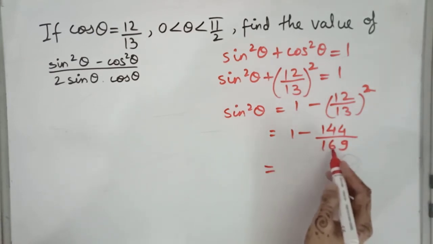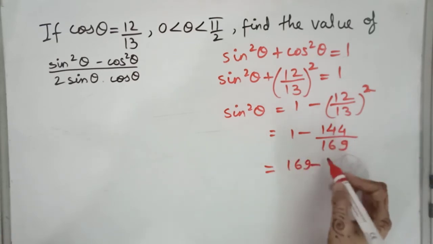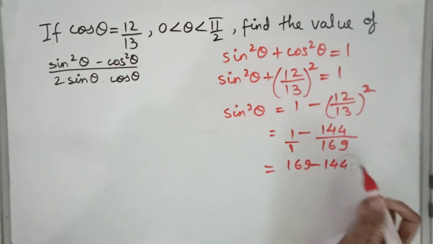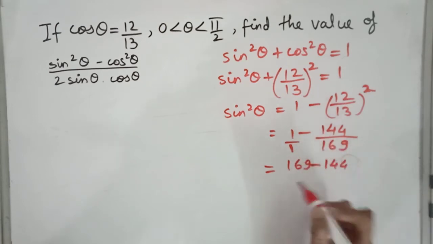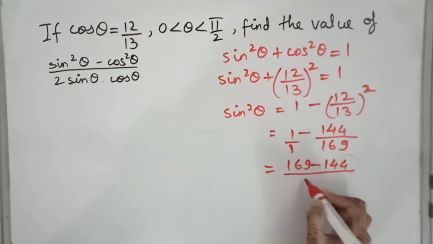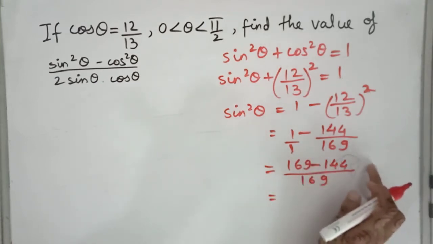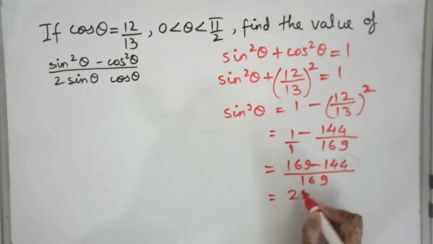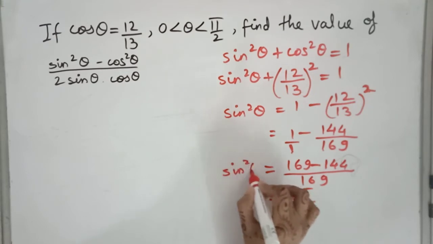We will cross multiply it. 169 into 1, 169 minus 144, nothing is there, so we will put it 1. 1 into 169 minus 1 into 144 upon 1 into 169, which is 169. We will subtract 169 minus 144, which is 25. 25 upon 169. Now this is the value of sin square theta.